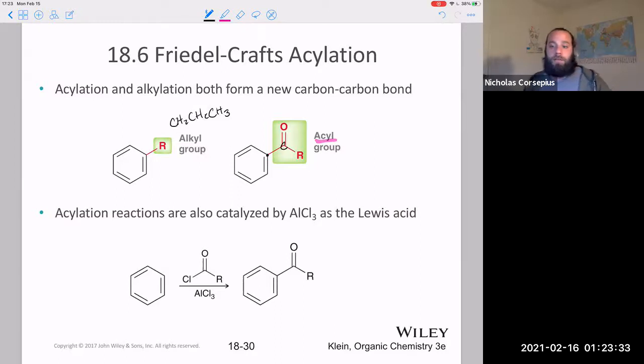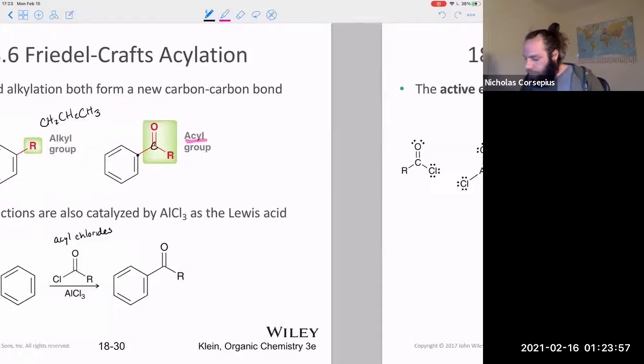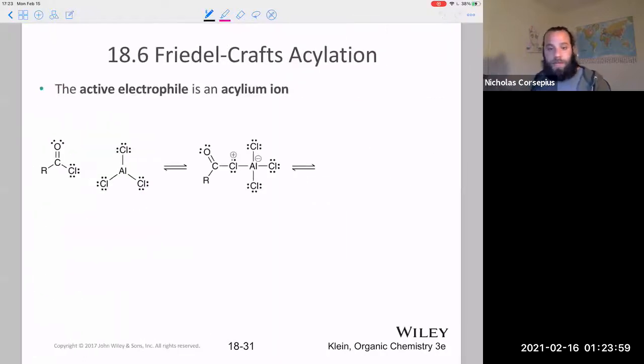With these, you can do Friedel-Crafts reactions using what are called acyl chlorides. That's what this reagent is. And then again, we have our aluminum trichloride catalyst. Sorry, blanked on that one. And you will have now an acylation of your ring. Again, one of the hard parts of these reactions is what is that active electrophilic species?